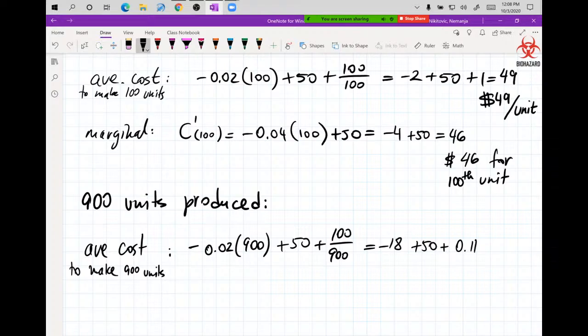Yeah, it's pointless. I don't need the calculator. So what you get here is 32.11, right? Dollars. So 32.11 per unit.